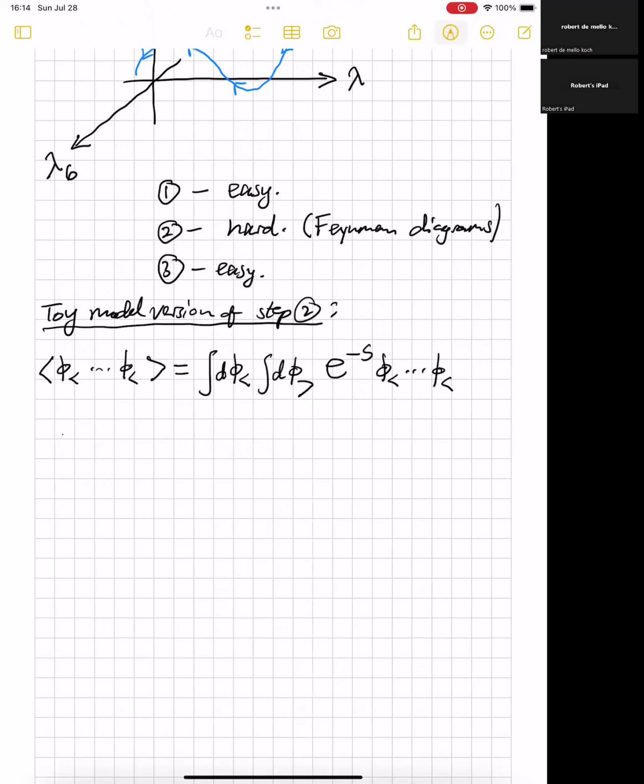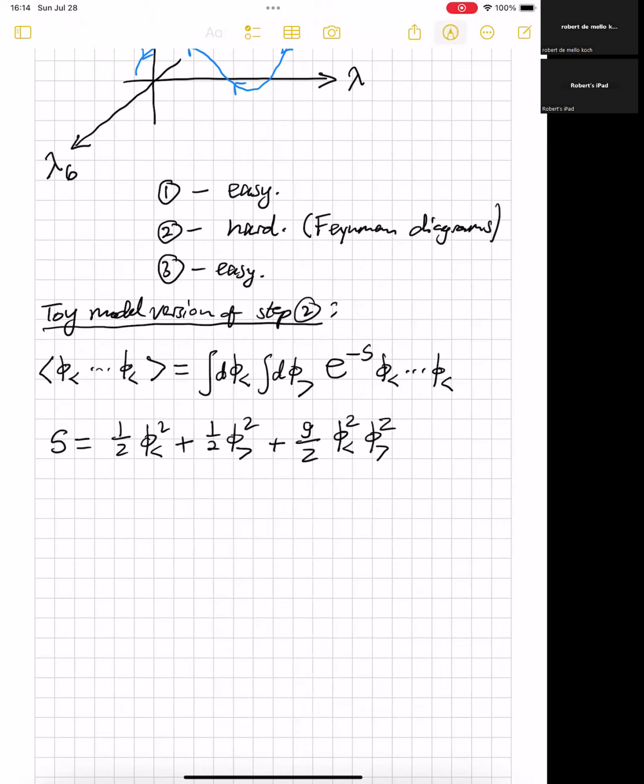Now we need to say, what is the action? Well, the action would be 1/2 phi less than squared plus 1/2 phi greater than squared. So there are the quadratic terms for the two fields. And then we'll introduce a vertex with coupling strength g, and there'll be a phi less than squared field and a phi greater than squared field.